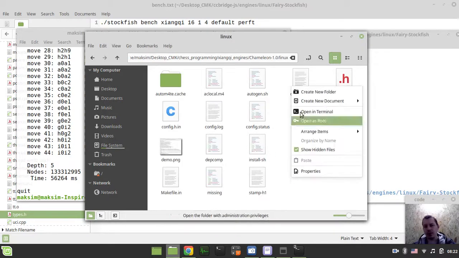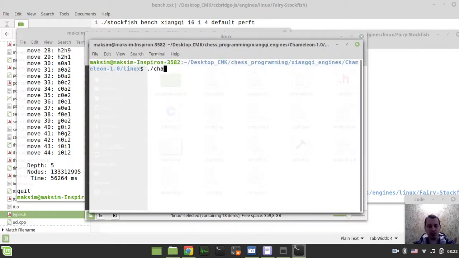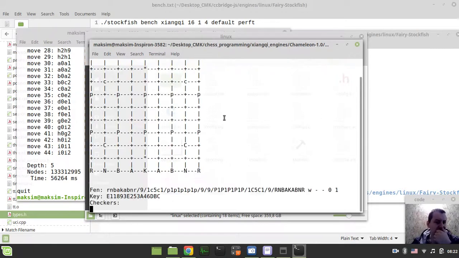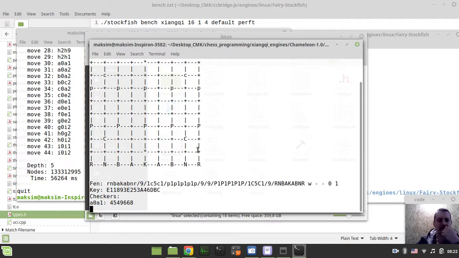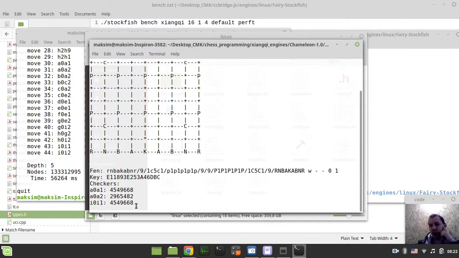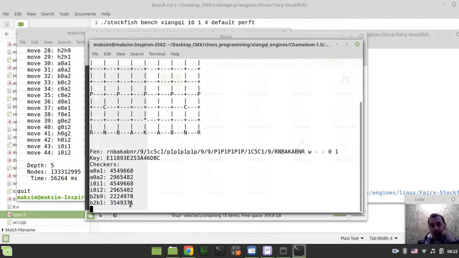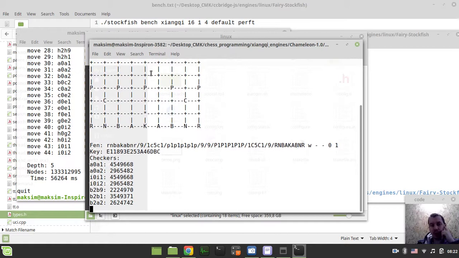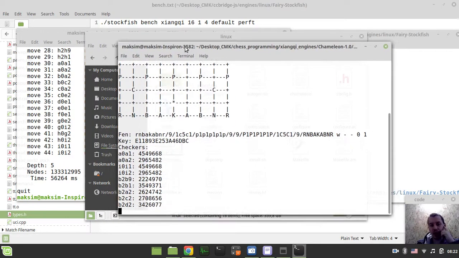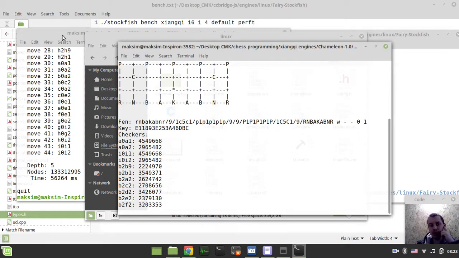Here I've already altered the source code a little bit to run the perft test out of the box, so if I just run Chameleon, it would start the perft test. But Chameleon seems to be working even slower compared to Wukong, believe it or not. Even visually, this seems to be a little bit slower. At least I had really slower results for Chameleon compared to Wukong.